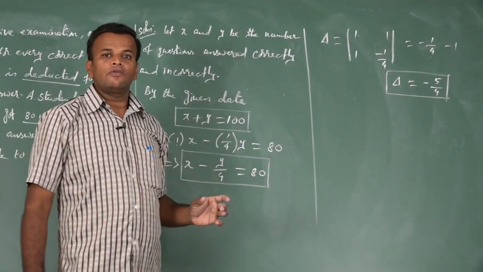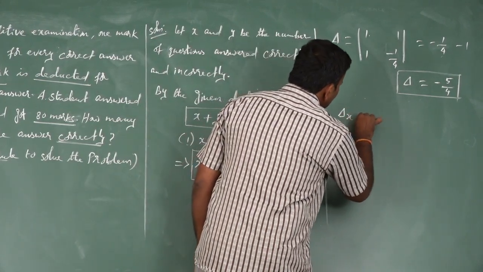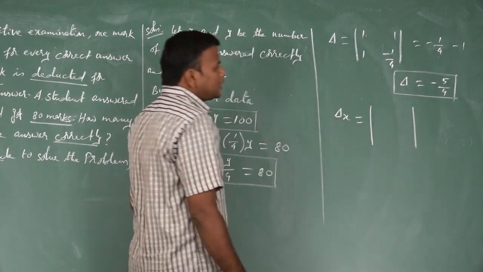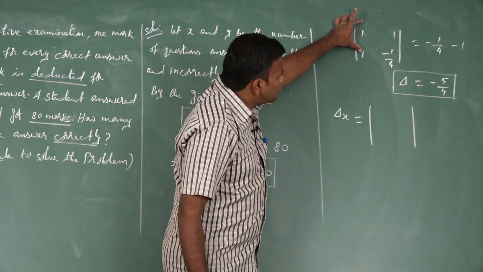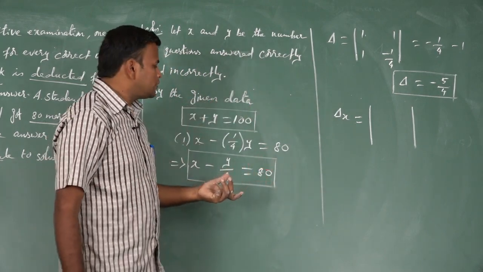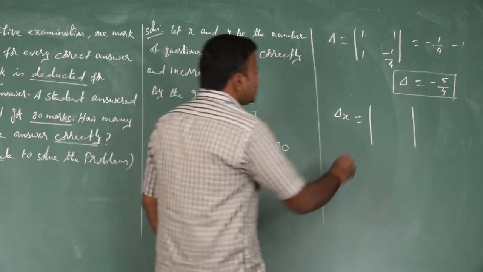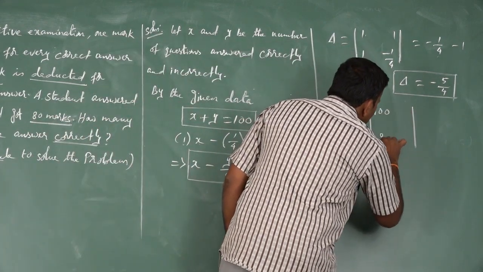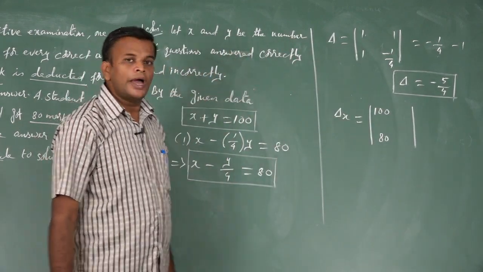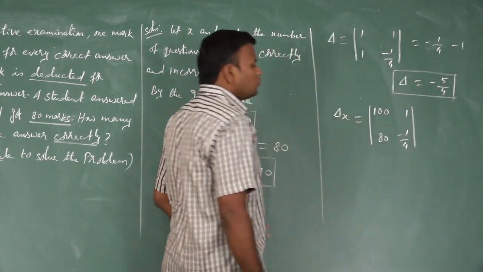Next, to find the value of del x. In del x, we remove the coefficient of the x column and we enter the RHS values. What are the RHS values here? One is 100 and another one is 80. So 100, 80, and we write the coefficient of y column as it is, 1, minus 1 by 4.